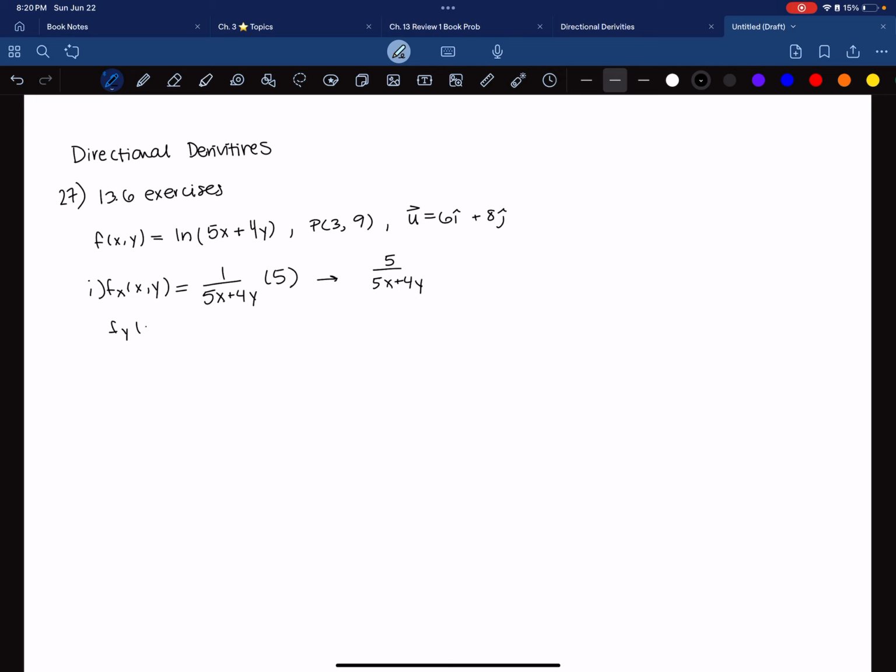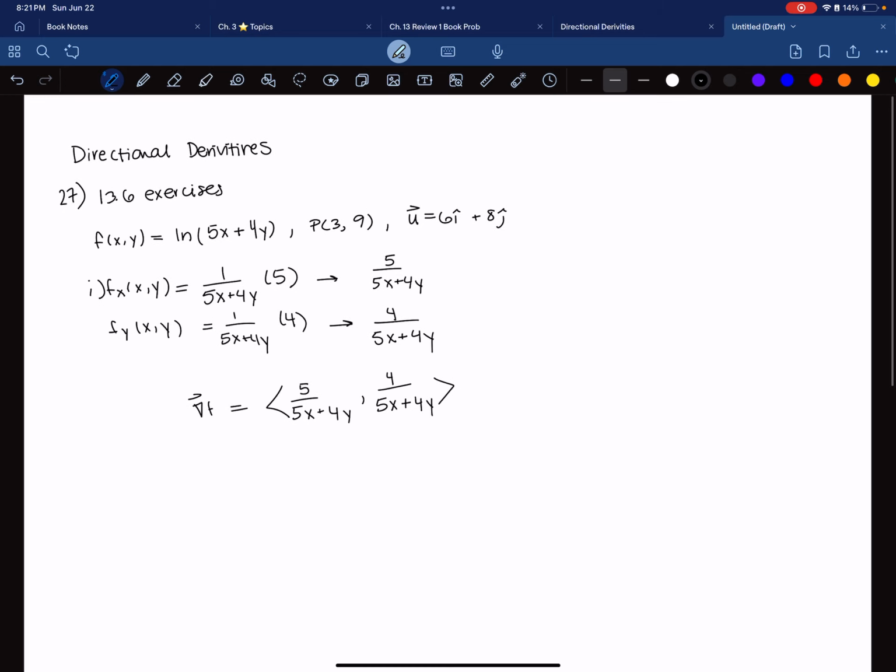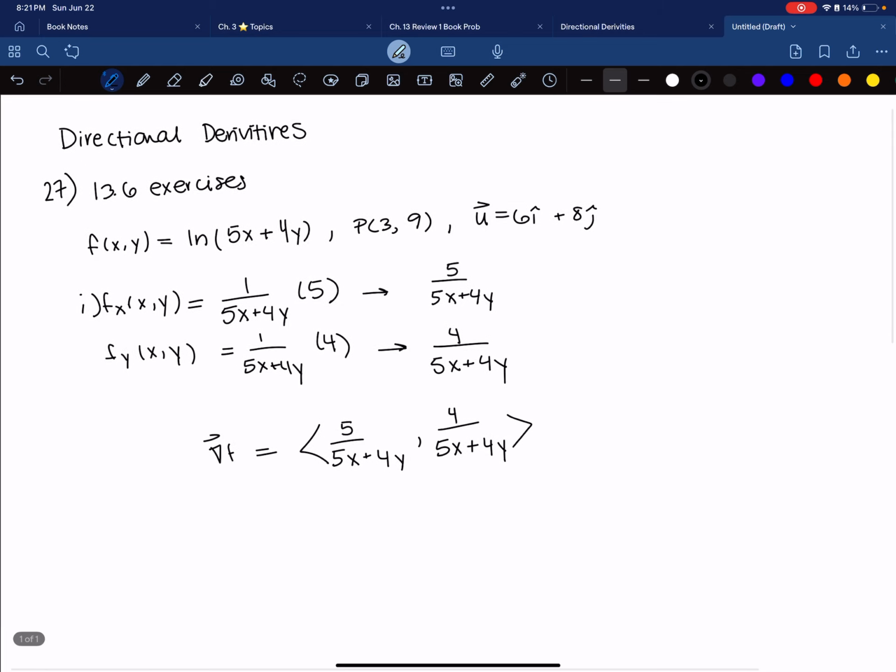And then the derivative with respect to y would be 1 over 5x plus 4y times 4, which would give us 4 over 5x plus 4y. And that gives us our gradient. So we can write it like this. And that's our gradient.